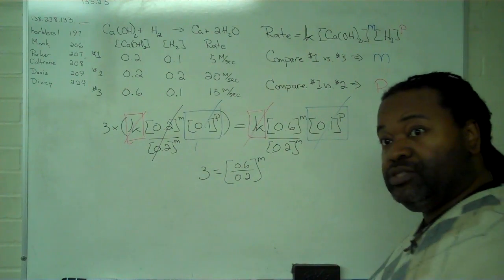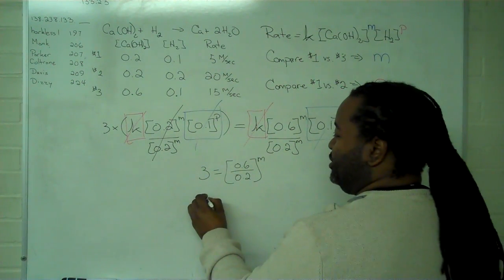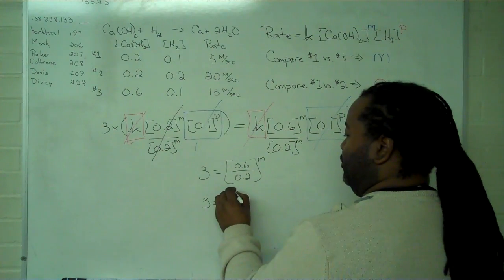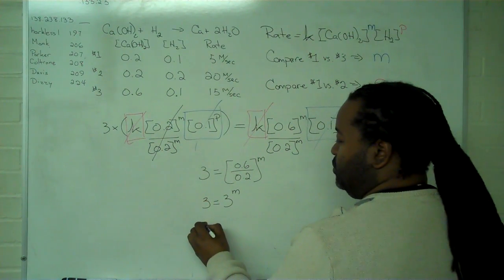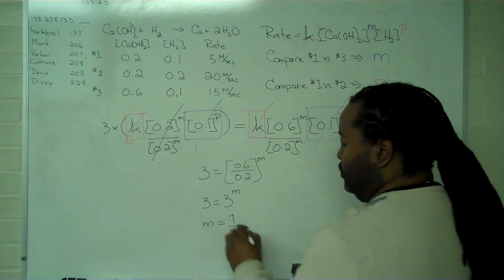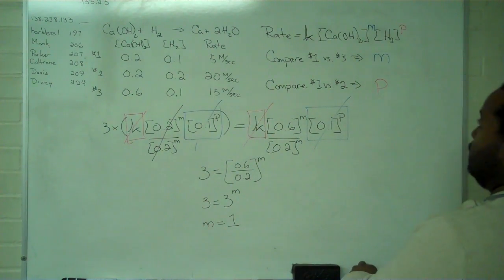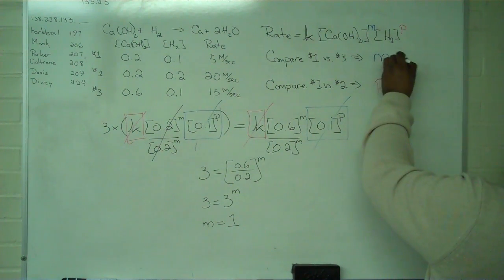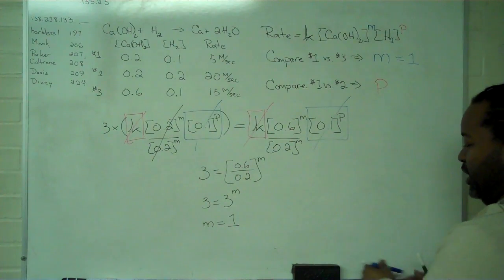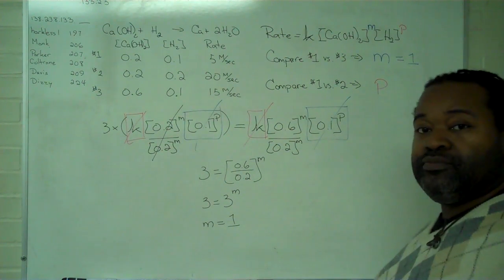Well, 0.6 over 0.2 is just equal to 3, so I have 3 equals 3 raised to something, which means that m is going to equal 1. And so I've now determined the rate order for the calcium hydroxide is equal to 1.